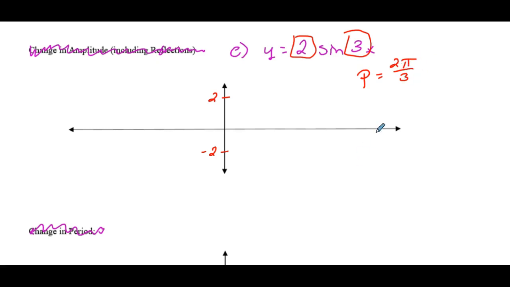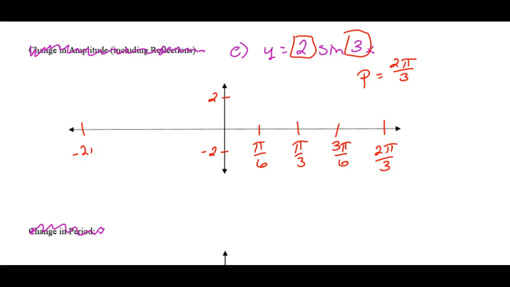and that doesn't reduce. So what I'm going to do out here is just make this 2 pi over 3, and then halfway between that would be 2 pi over 6, or pi over 3, and halfway between that would be pi over 6. So 1 pi over 6, 2 pi over 6, 3 pi over 6. All right, and if we wanted to go backwards, we can just do the same thing.